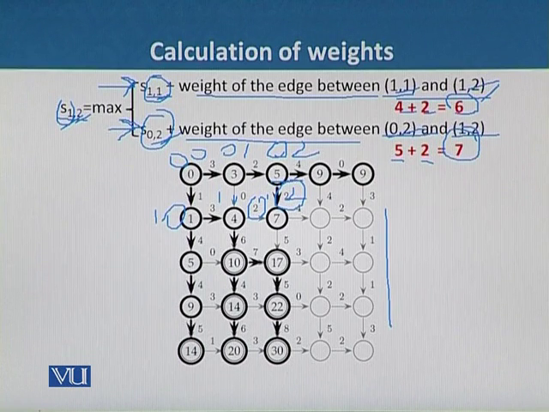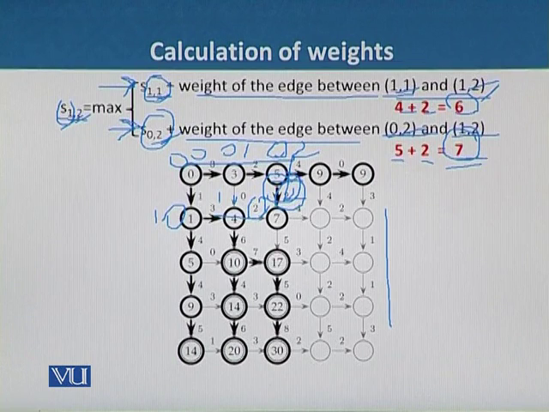So of these two values, 7 is the higher value, so we will consider 7. That's why you can see this arrow is in bold. It means that the path of the tourist will be from here to here, not from here to here. So the bold arrows will show the path of the tourist that has the maximum value.